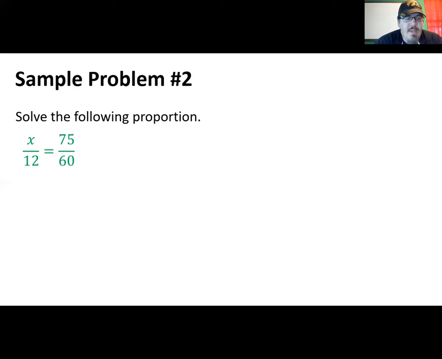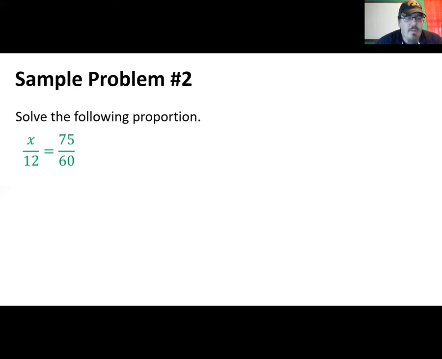So basically, it's a situation where you are dealing with two fractions that you know are equivalent. In a proportion, usually one of the values somewhere in the problem is an unknown, a variable. And so that's why we ultimately end up needing to solve the proportion to figure out what that missing value happens to be.